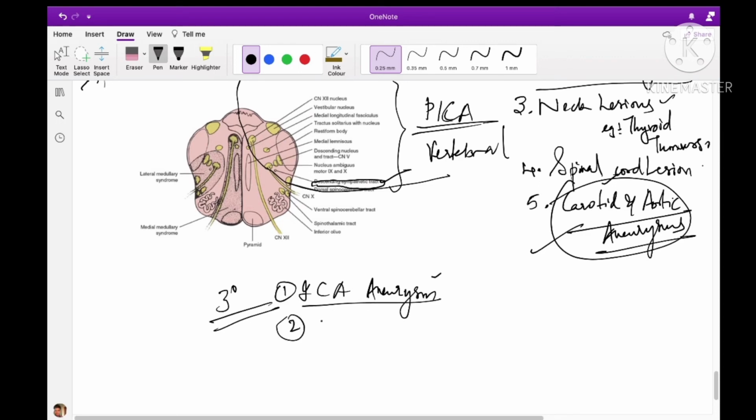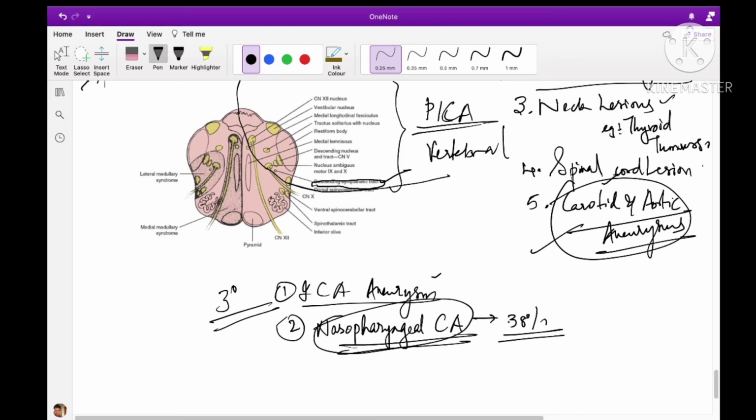Next is nasopharyngeal carcinoma. In 38% of the cases of nasopharyngeal carcinoma, you can have a neuroophthalmology manifestation, and in 16% of the cases, the neuroophthalmological manifestation is the earliest sign.